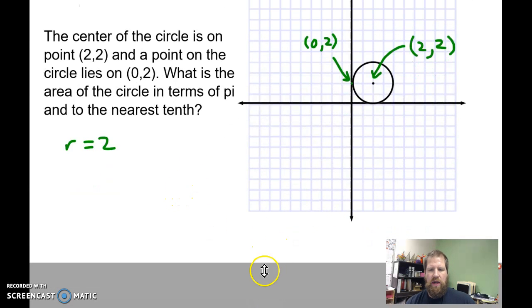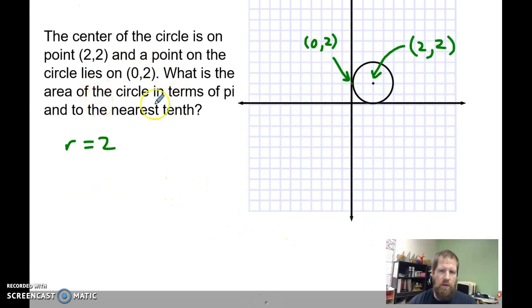All right, so I've got a radius equal to 2, and then I need to find my circumference and area. So I'm going to look at this, I'm going to say, all right, I need to find the area of the circle in terms of pi and to the nearest tenth. Well, I know my formula is area equals pi r squared. Okay.